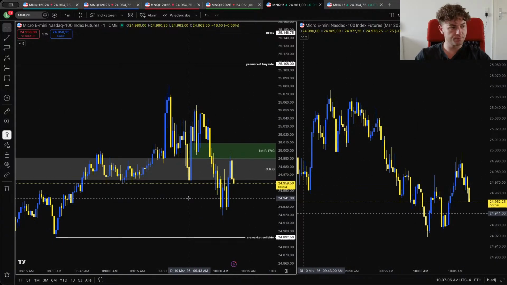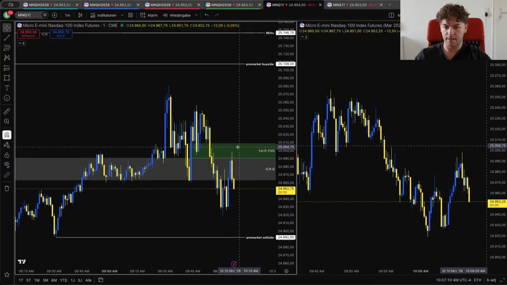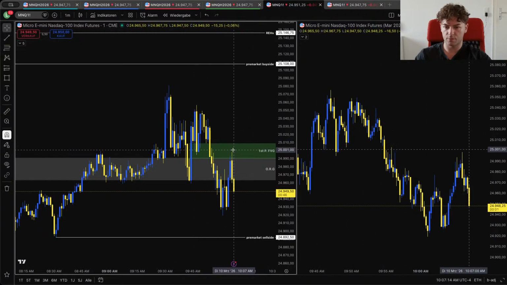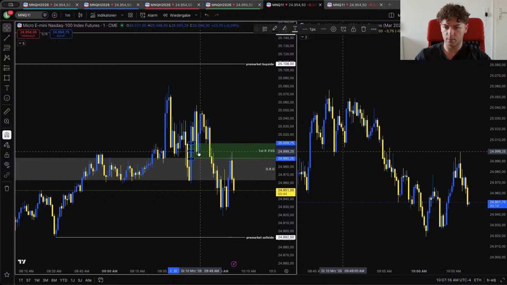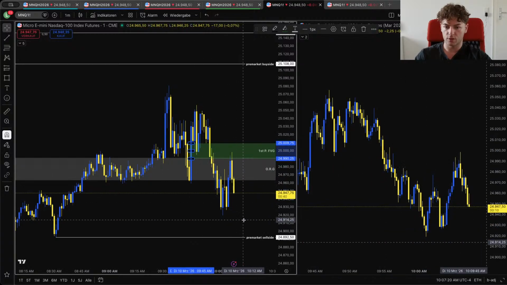So we are respecting opening range gap high and first percent fair value gap. Trade up and fail to trade up to the midpoint of that fair value gap, which is right here. Fail to trade up to the midpoint. Now we see lower price.